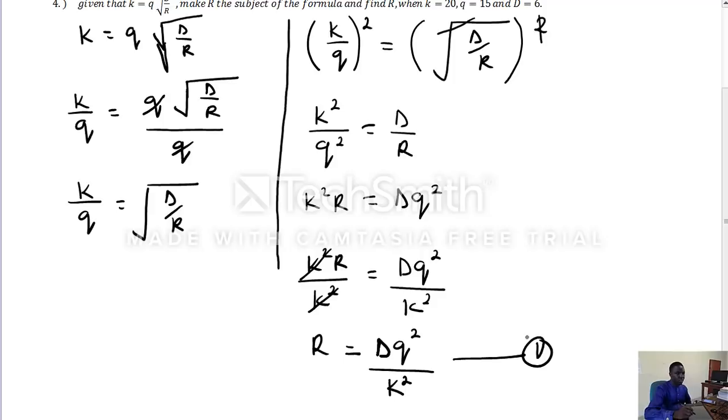But the question says that we should make R the subject of the formula and find R when K is equal to 20, Q is equal to 15, and D is equal to 6.